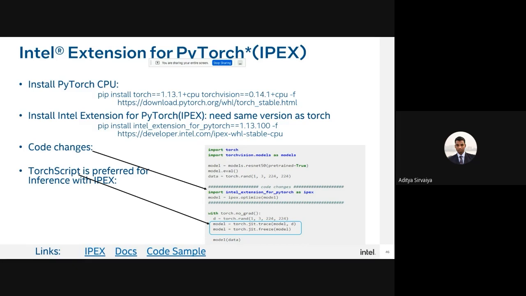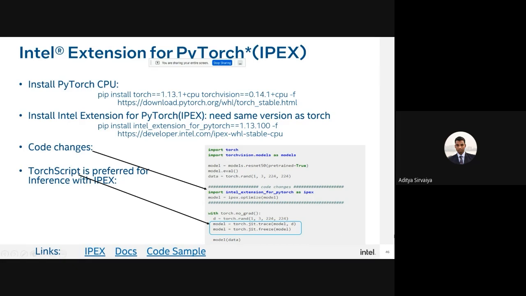To avoid that, we have this torch script mode. What it does is it takes all the operations from the dynamically compiled neural network, takes all the operations in the flow, and creates a torch script.